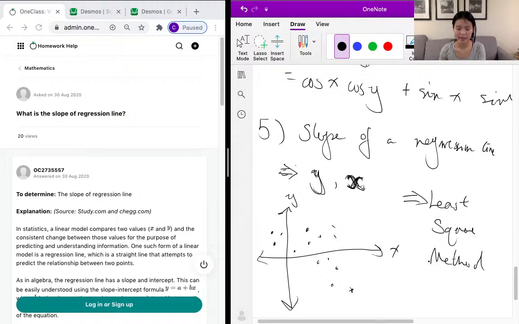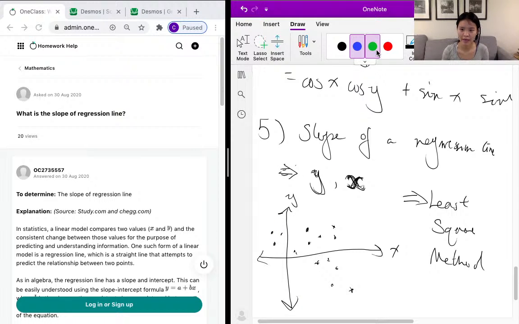We're trying to use this method to fit those scattered data points into a line where we minimize the squared distance between the dots and the line that we're going to fit. That way we can find a line that fits the data the best, or that best gives the information of the data.